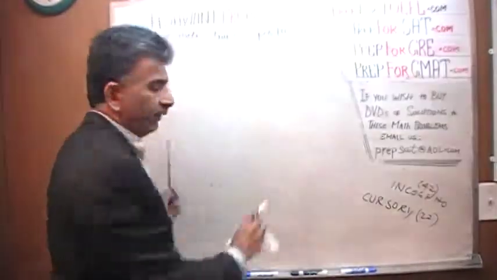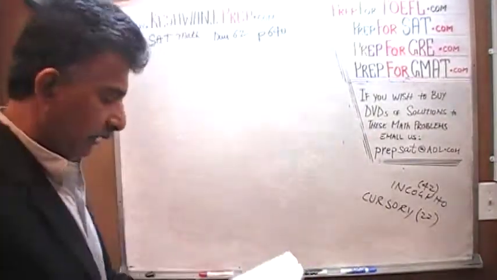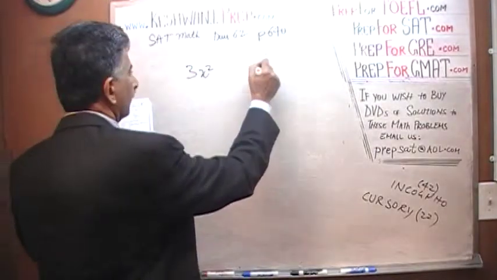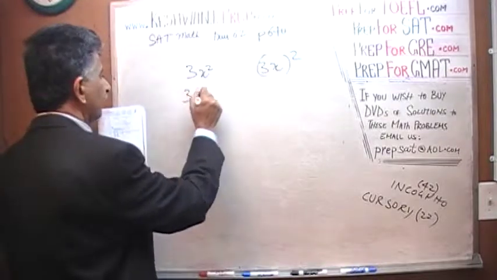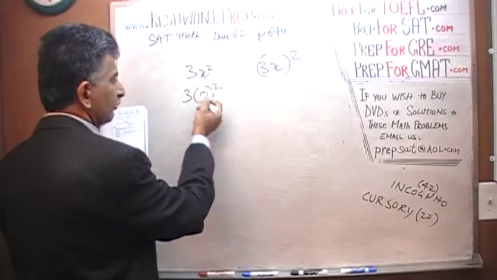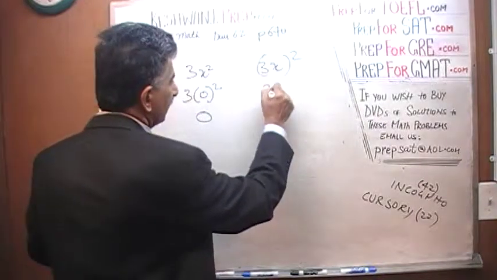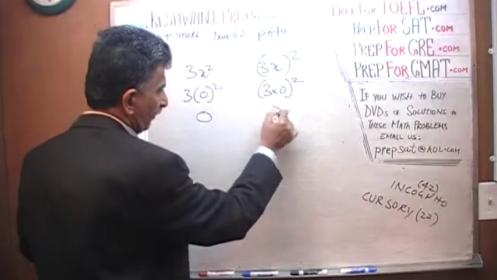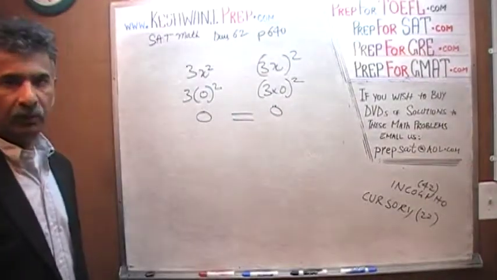Our job is to find one value of x which makes this statement false, and that would be B, 3x squared versus 3x whole squared. If x happens to be 0, 0 squared is 0, and 0 times anything is 0, and 3 times 0 squared is also 0. So these two are equal.